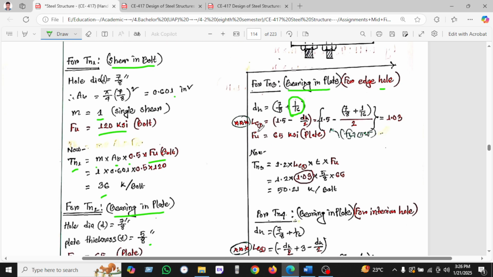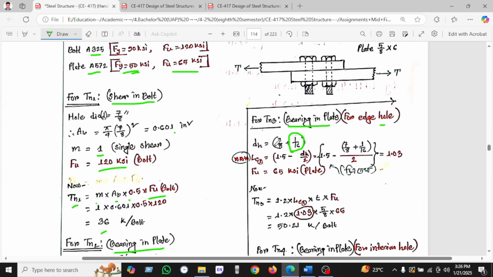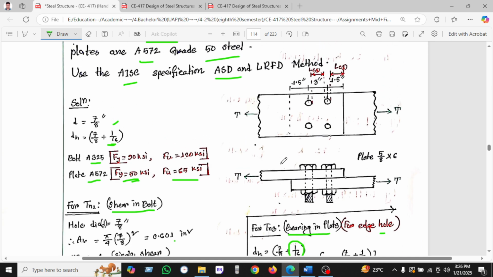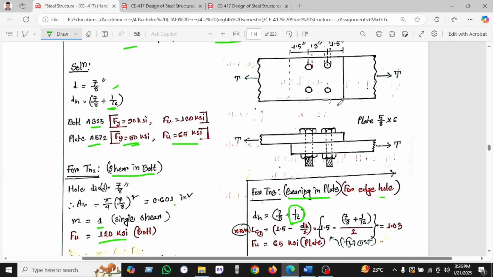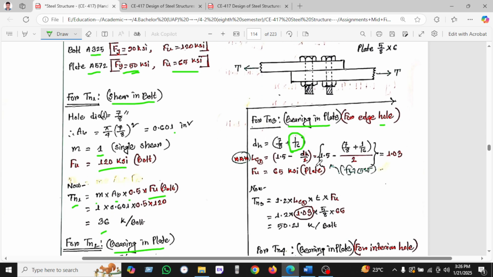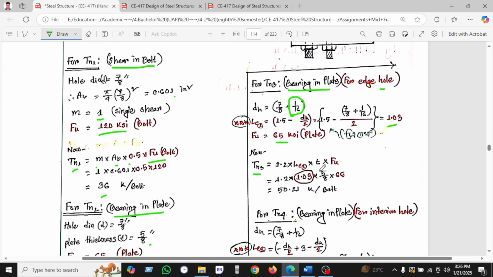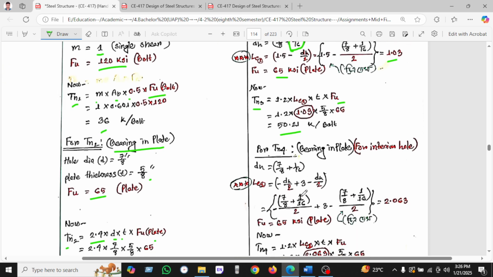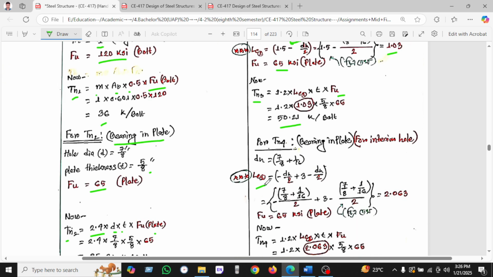LC means the clear distance. So we have 1.5; this is the LC1. LC1 is 1.5 minus DH divided by 2, which is found to be 1.03, and FU is given. TN3 is 1.2 LC1 T FU, and we found 50.21. And TN4 uses LC2.